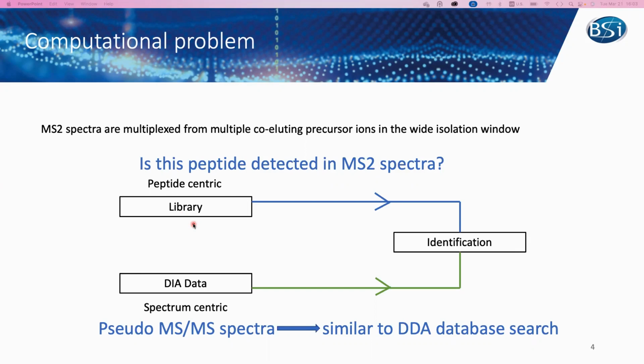The generated library could be either a spectral library or an in silico library created from a protein database. In PEAKS, both strategies use computational approaches to analyze DIA data.